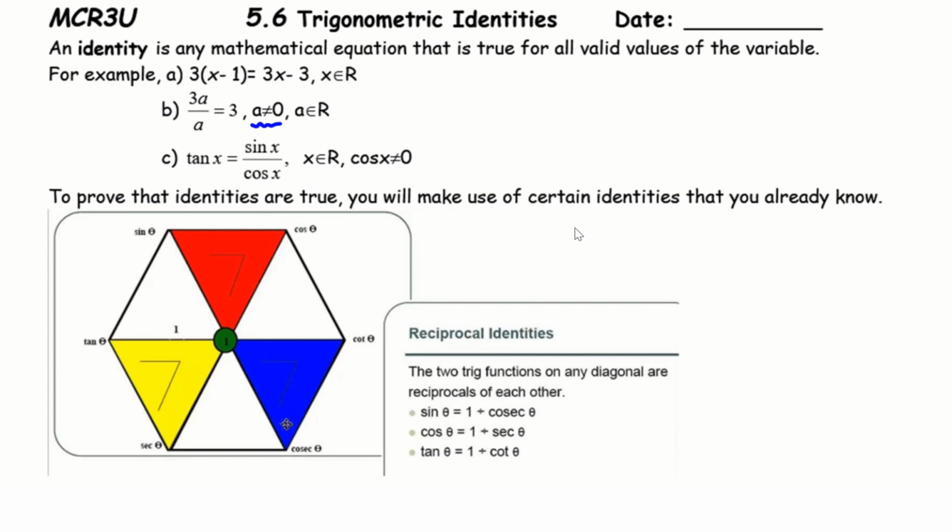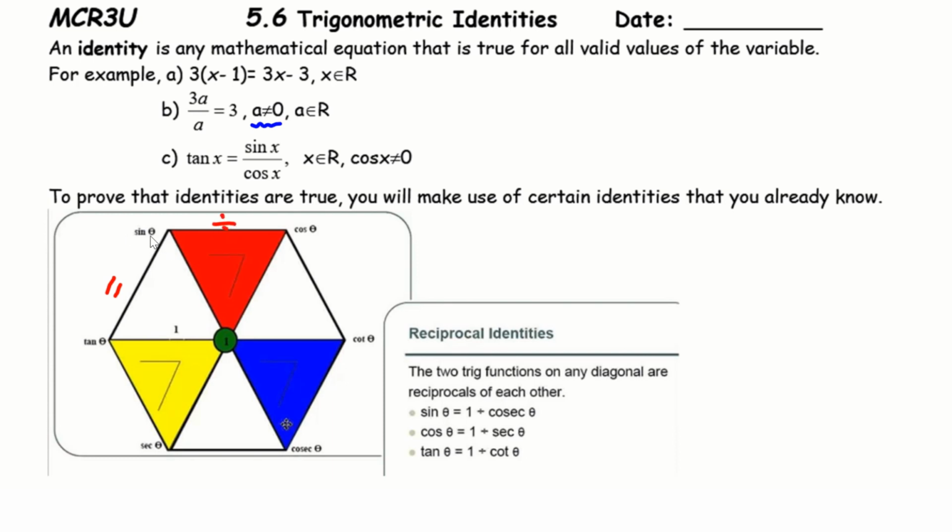So this is a hexagon, and if you know how to use this hexagon, you are able to remember all the trig identities that you could use to prove other trig identities. How to use it: tangent equals sine theta divided by cosine theta.